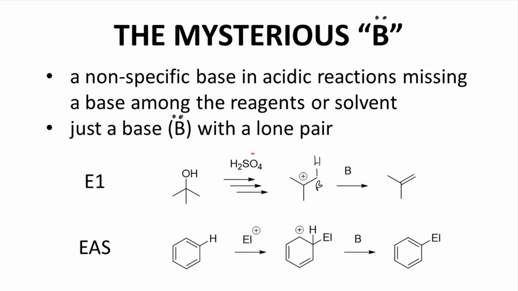You don't have an obvious base among the reagents, so I just use B. In an electrophilic aromatic substitution, you form a positively charged ring, also a carbocation, that needs to lose a hydrogen to restore aromaticity. There is no base in the reagents. Let's just use B.